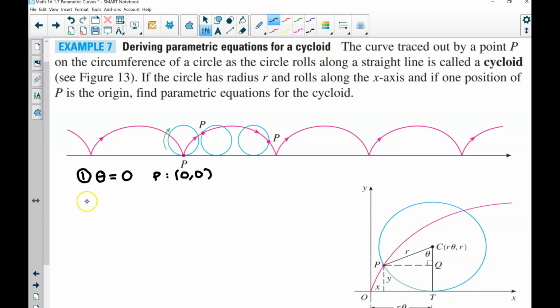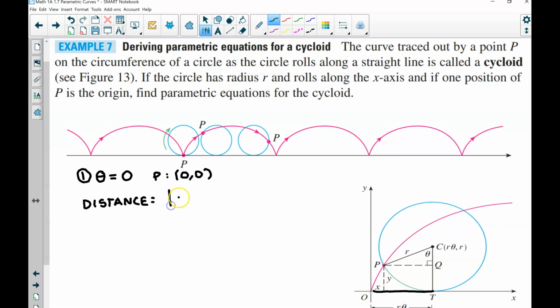So we can say that the distance it's traveled, and remember, distance has to be positive, so we're trying to find the distance from here to here, which is OT.